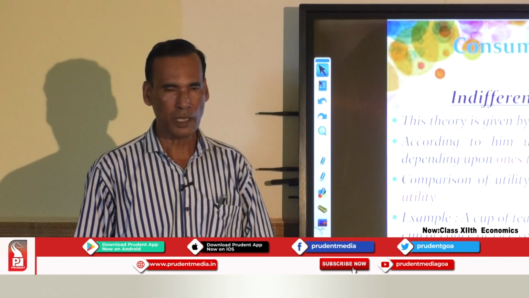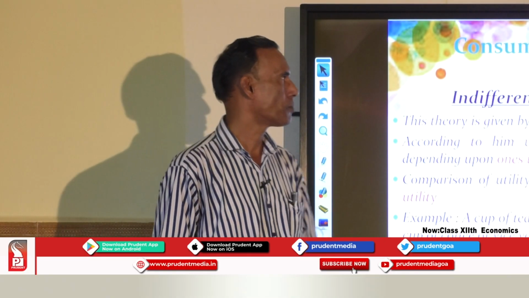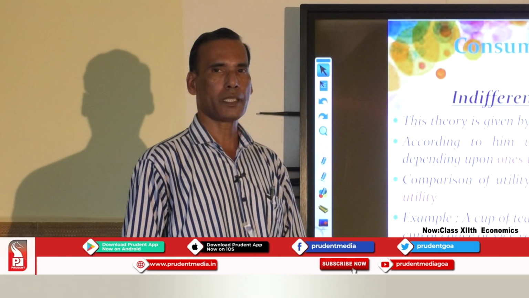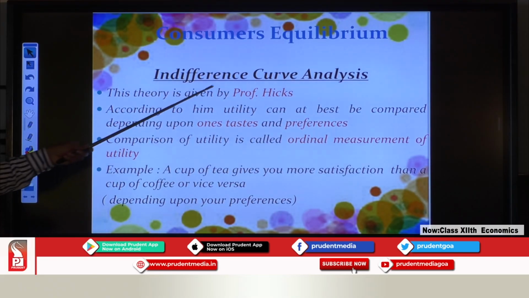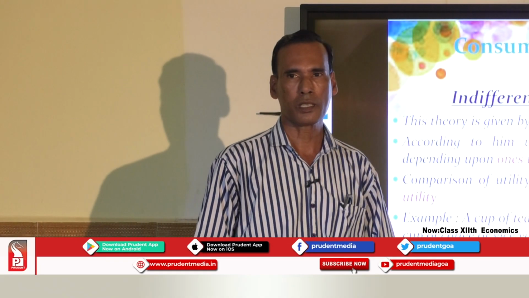Now, let us go for the ordinal measurement of utility. Ordinal measurement of utility is called indifference curve analysis. This theory was given by Professor John Hicks.